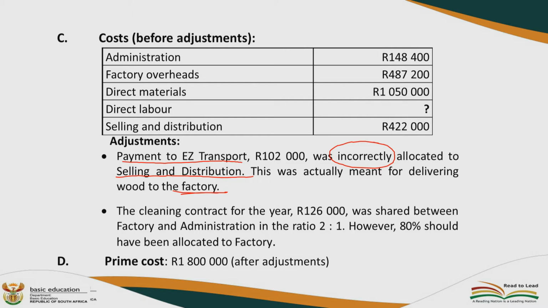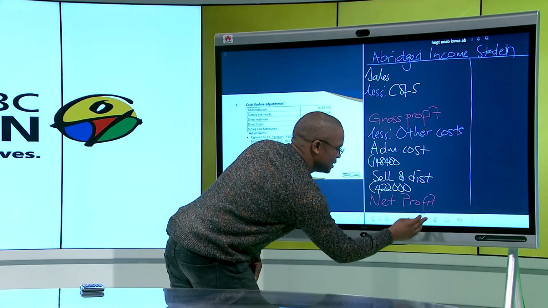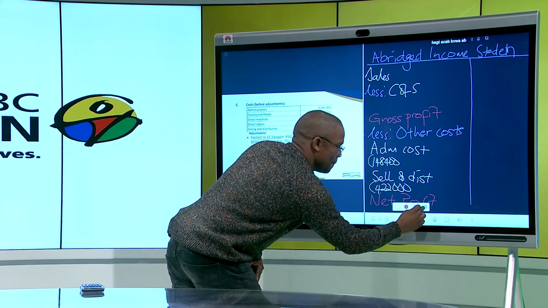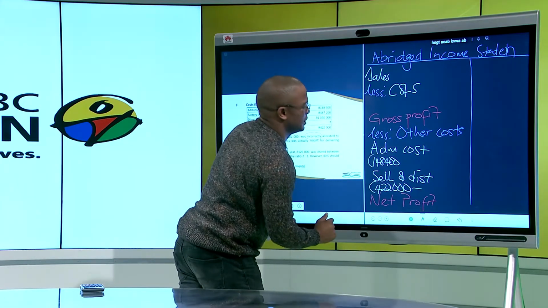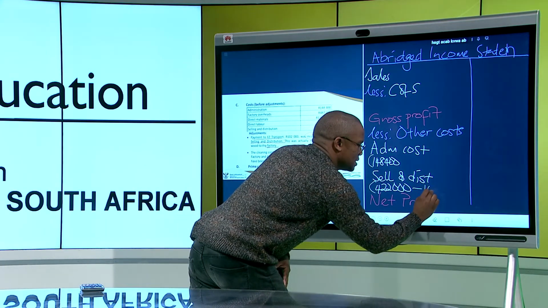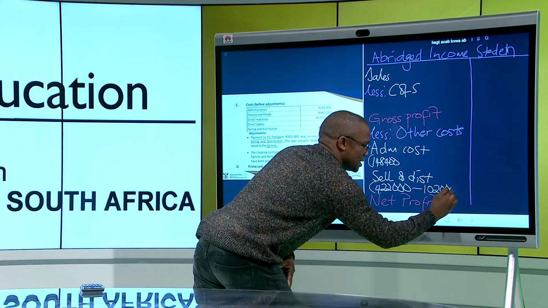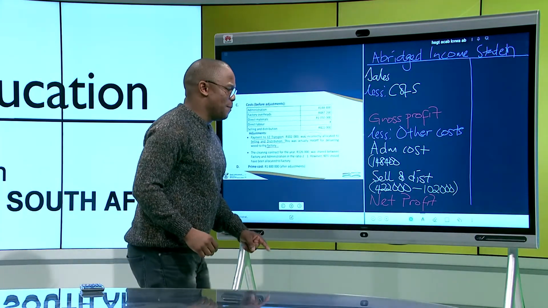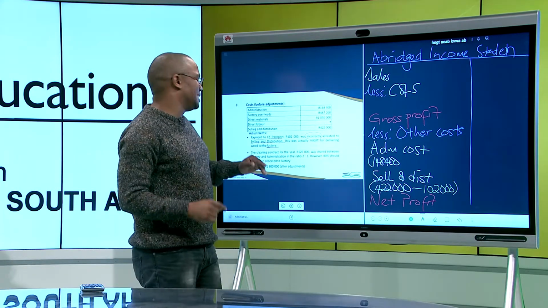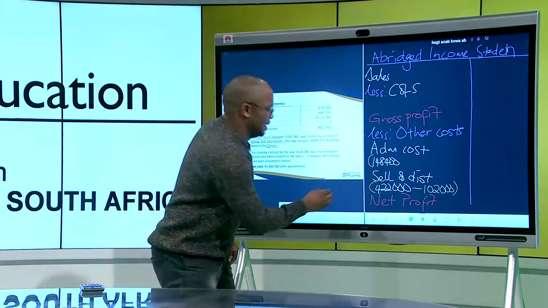So it means we're going to subtract from selling and distribution. How much do you subtract? 102,000. Remember, this amount was supposed to go to your direct material.